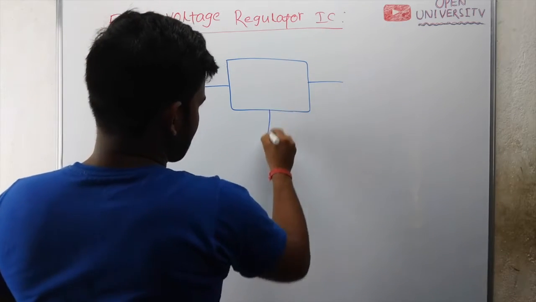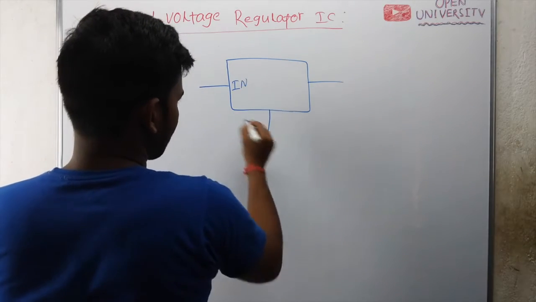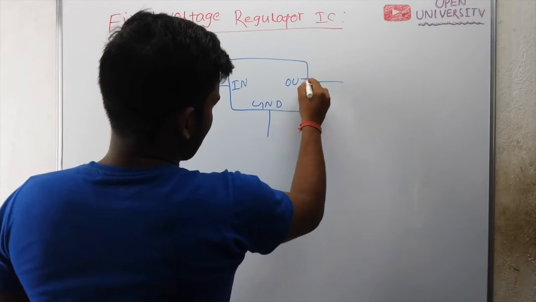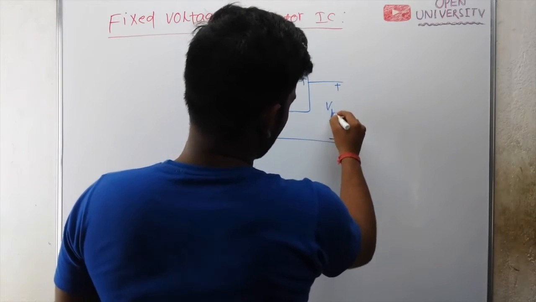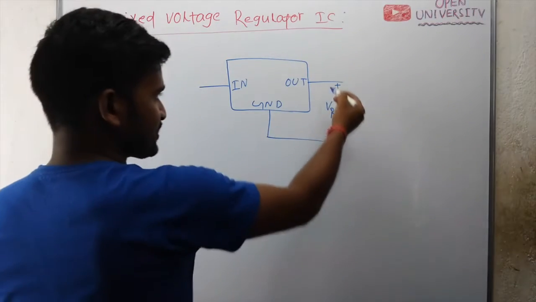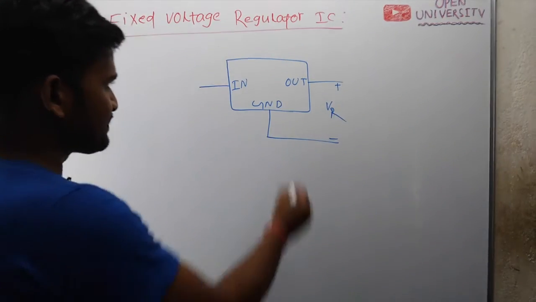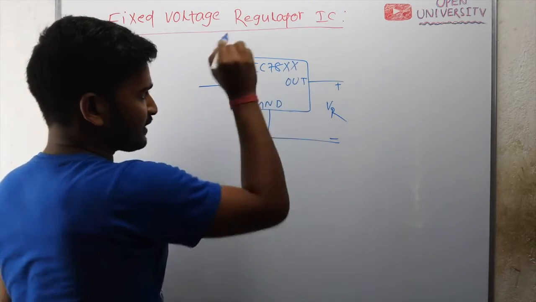There will be 3 pins. One is input pin, this pin is your input pin, this pin is your ground pin, and this pin is your output pin, and this is the regulated output voltage which is taken between output pin and ground pin. This may be an IC78XX or IC79XX.